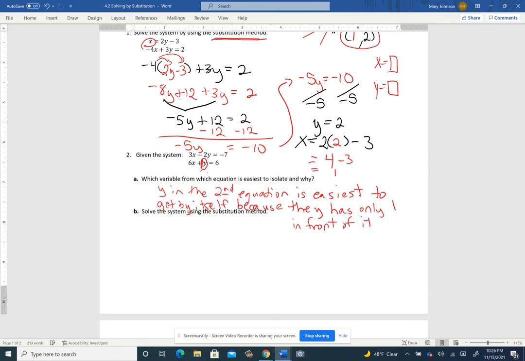So 1 is the coefficient. Okay, so if it has a 1 or a negative 1, it's going to be the easiest one to get by itself.